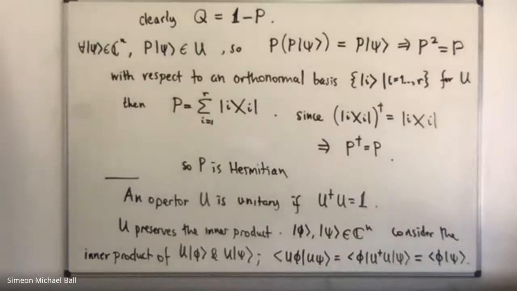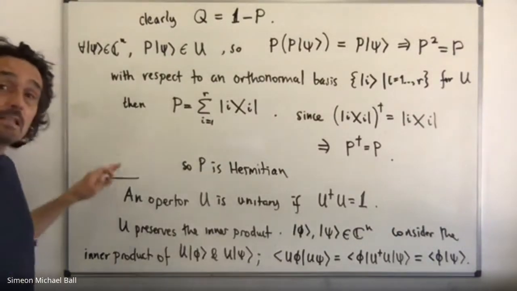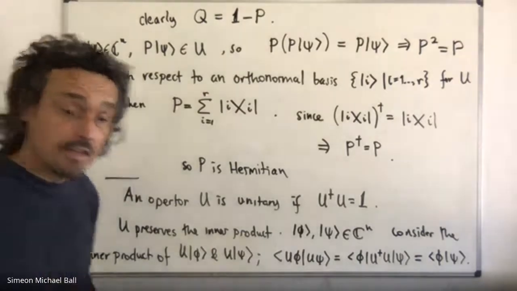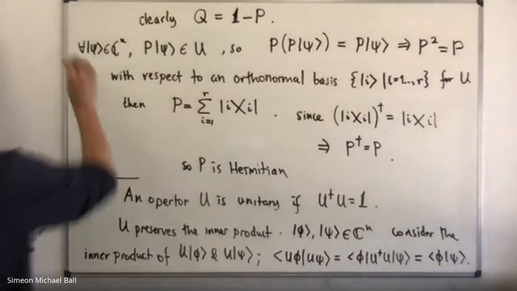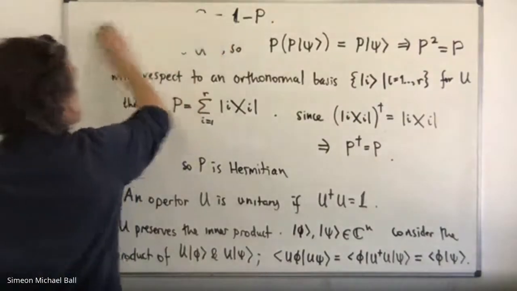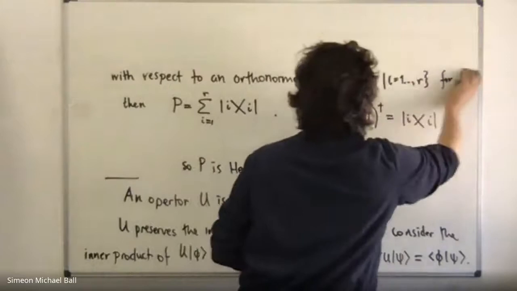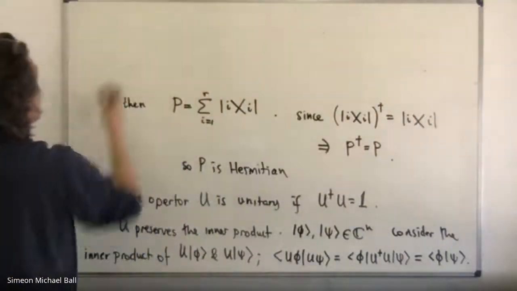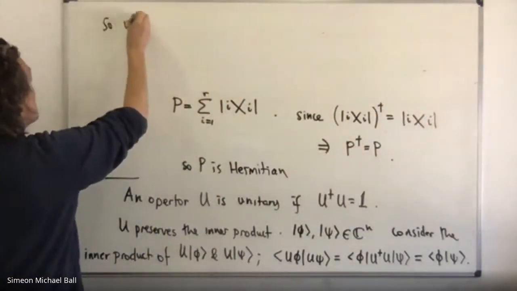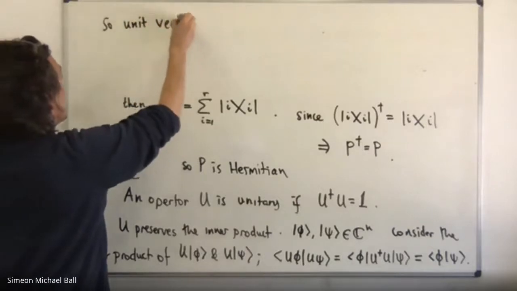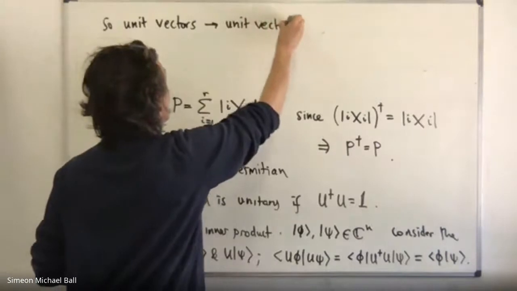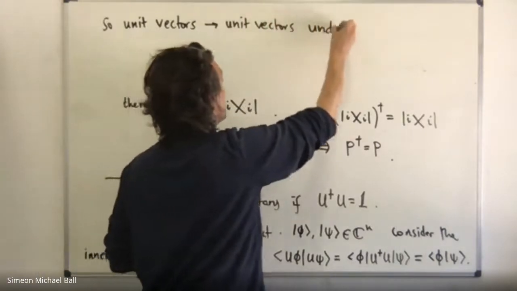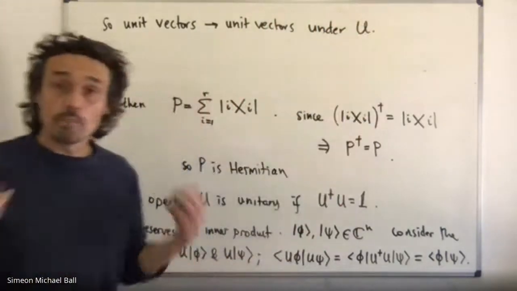So this would be very important for us because we need our inner product to be preserved. More than anything, what this means for us is that unit vectors go to unit vectors under U. Okay, so if you apply U to a unit vector, you get a unit vector.